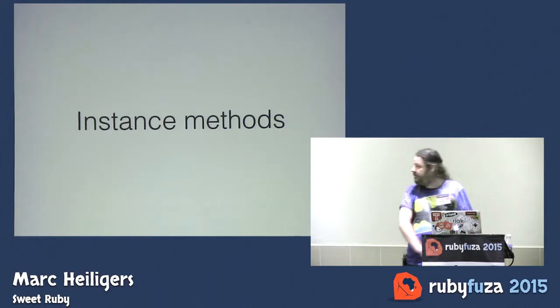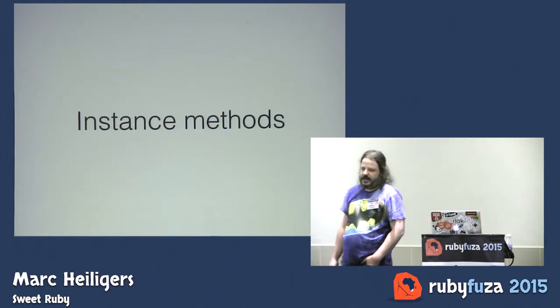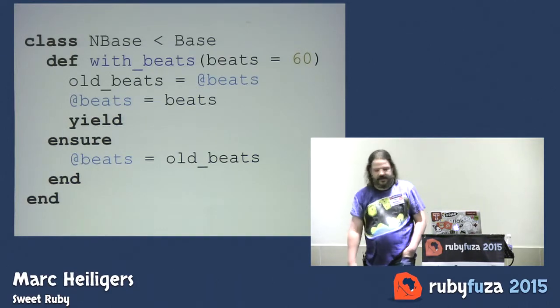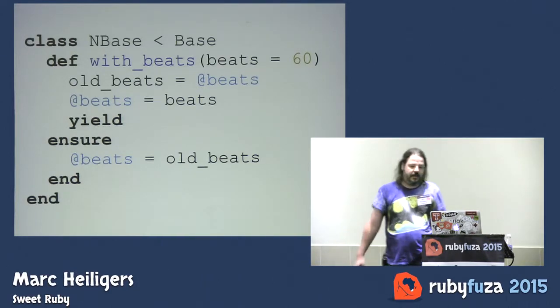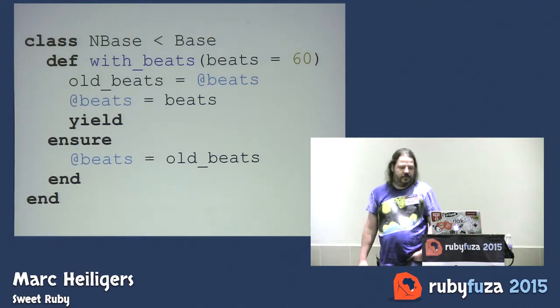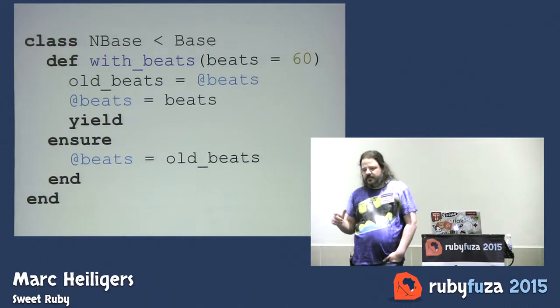Instance methods are pretty much the same thing. You have a new base class, let's call it NBase, for argument's sake. What's really nice about this pattern is that you might, in a particular instance, want to change the beat.